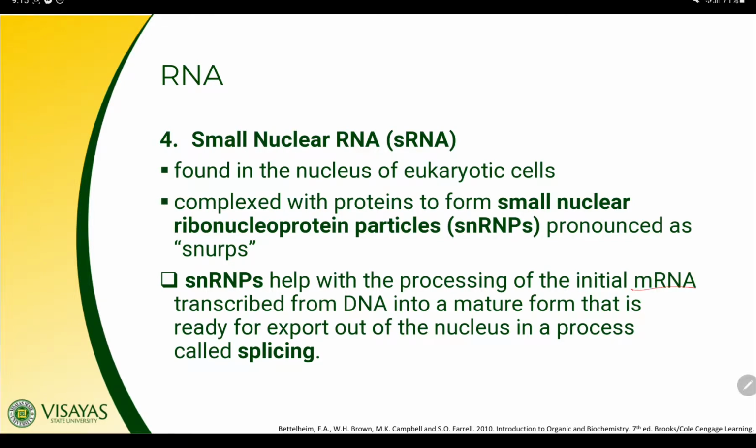These snRNPs help to process that mRNA into a mature form that is ready for export out of the nucleus in a process called splicing. So the mRNA formed from DNA will be processed, and splicing occurs with the help of snRNPs, which contain our small nuclear RNA.